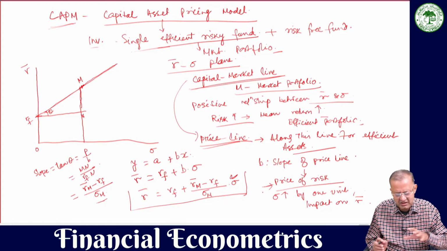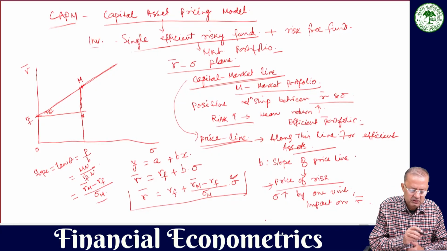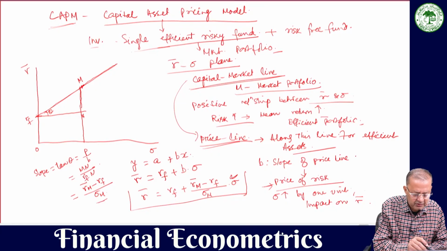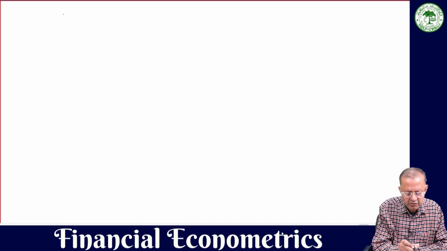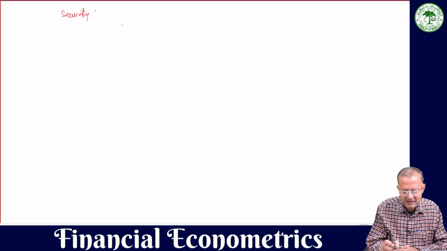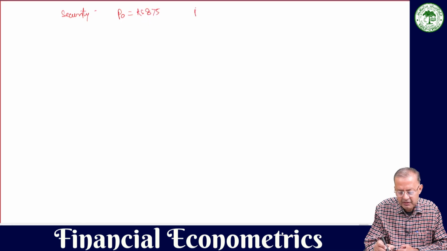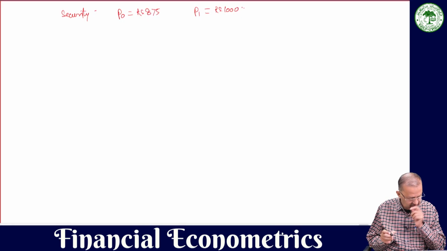This we can understand with the help of one hypothetical example. Suppose there is a security whose initial price is rupees 875, and after one time period the price is equal to rupees 1000. Clear?